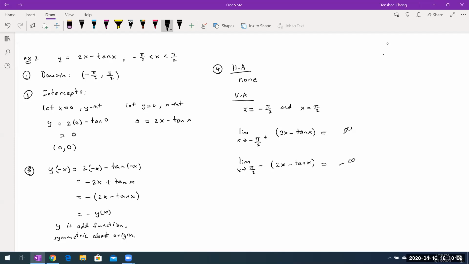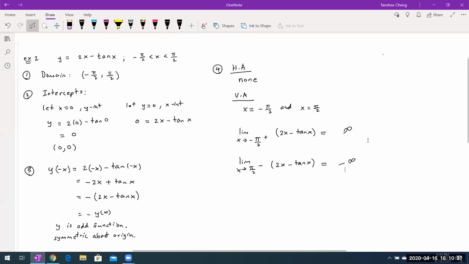When you add those two values, this will give you infinity. And for the limit as x approaches pi over 2 from the left-hand side, we know from the tangent graph this goes up to positive infinity, and this will be a constant right here. So a constant minus positive infinity will give you a large negative number. So that's what we found for the behavior around those two.